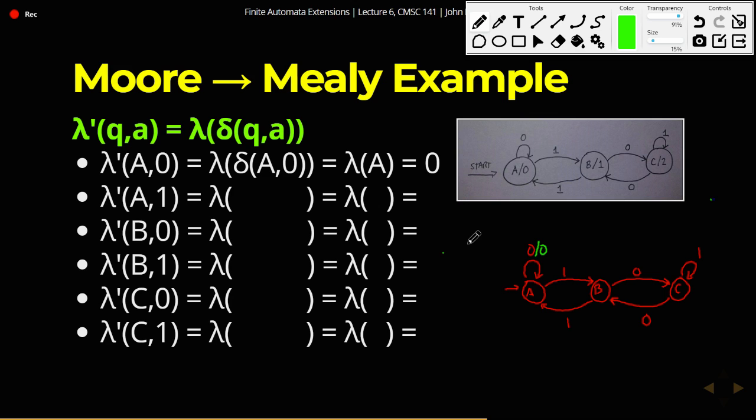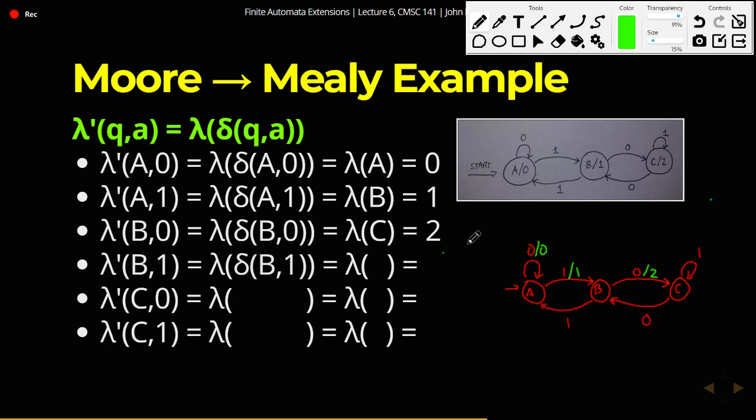Then for A on 1, that will go to B, and the output symbol associated with B is 1. So A on 1 will have an output of 1 as well. And then for B on 0, it will go to C, and the output is 2. So this will have output of 2. And then B on 1 will go to A, and the output associated with A is 0.